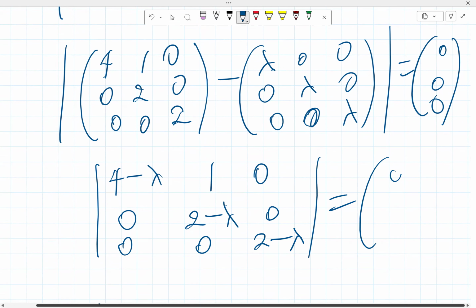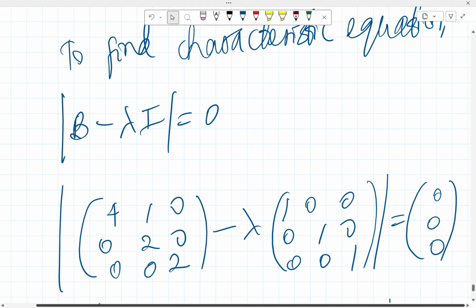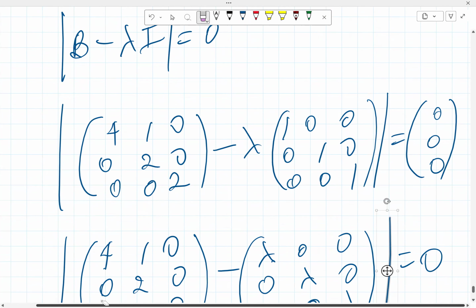And that is equal to 0. Everything has to be 0 now because we're taking determinants, so it's no longer a matrix.